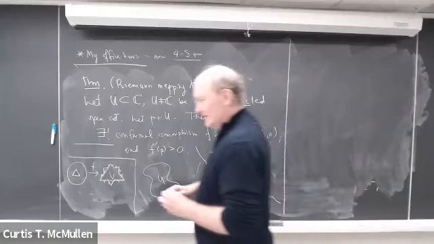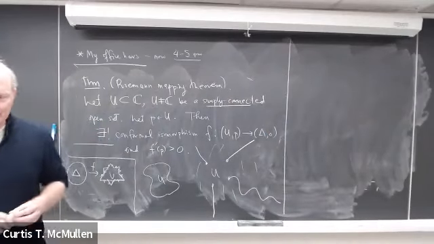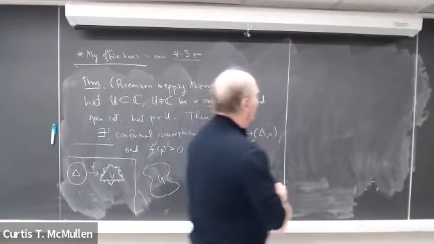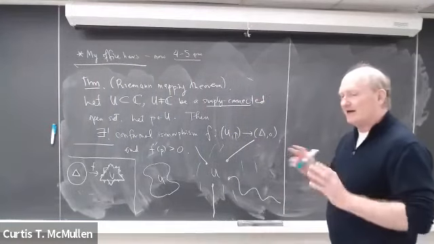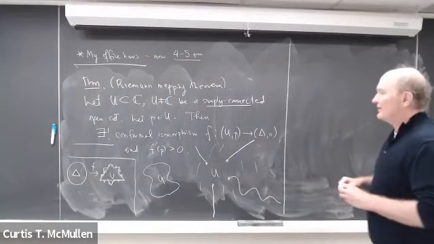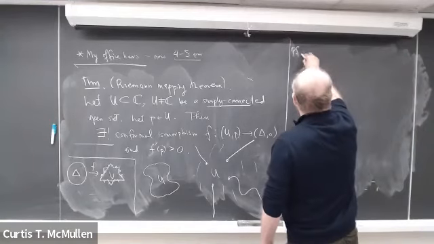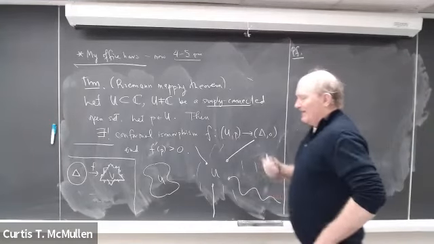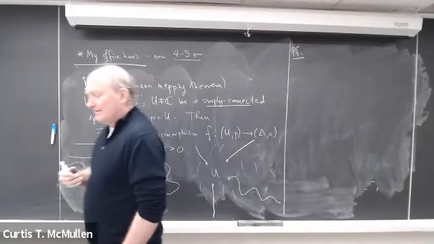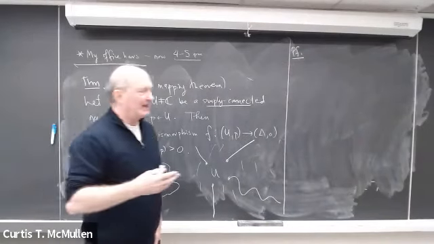Okay. So let me give the proof of the theorem very fast, say what the outline is, and then we'll go through the details. This proof is characteristic of many ideas in complex analysis.